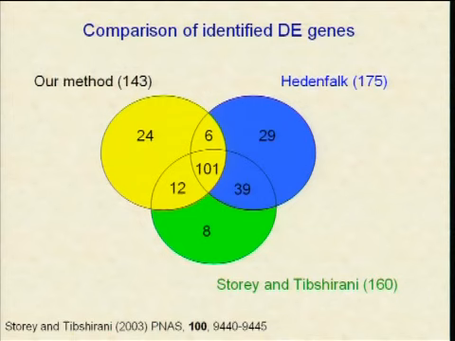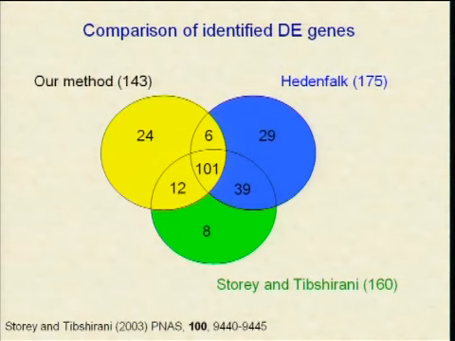so we looked at what happened when we did apply it to the Hedenfalk data. So we got actually 143 genes declared to be differentially expressed, taking 0.1. And Hedenfalk themselves had 175, and Storey and Tibshirani in this paper had 160.